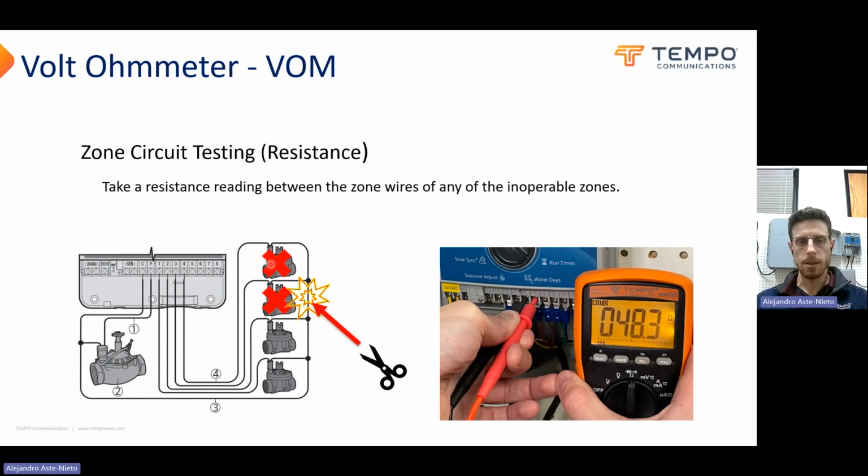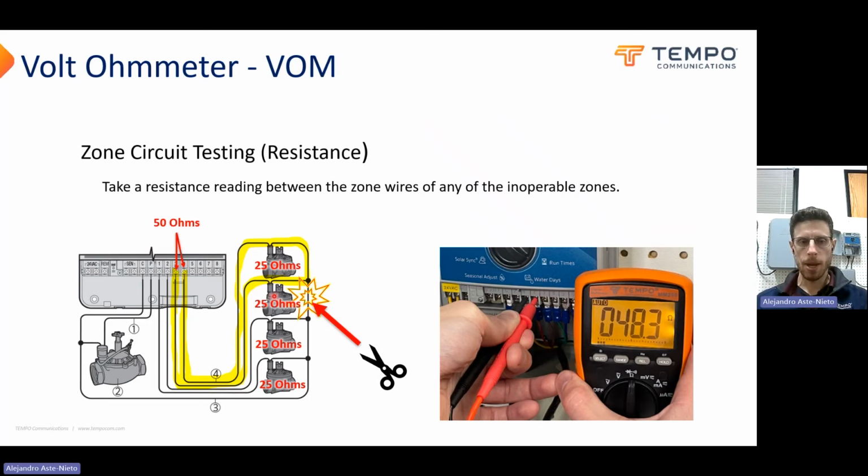So you might see 50 ohms between these two zones, 3 and 4, if you have two 25 ohm solenoids, like Hunter solenoids. So 50 ohms between these two wires, because the only path that can be taken here is through both solenoids.